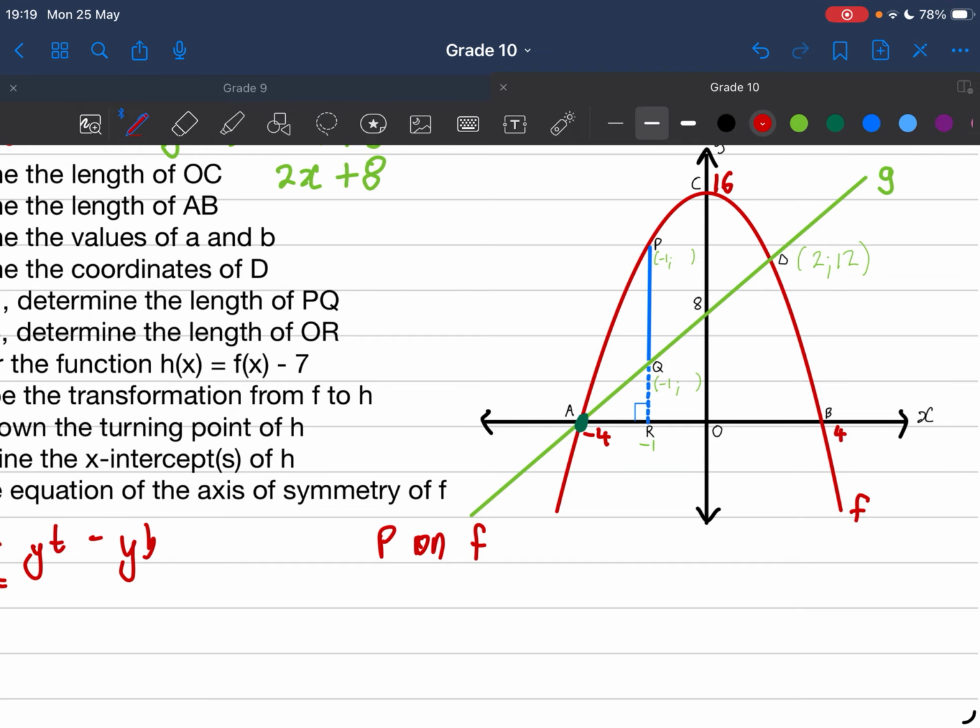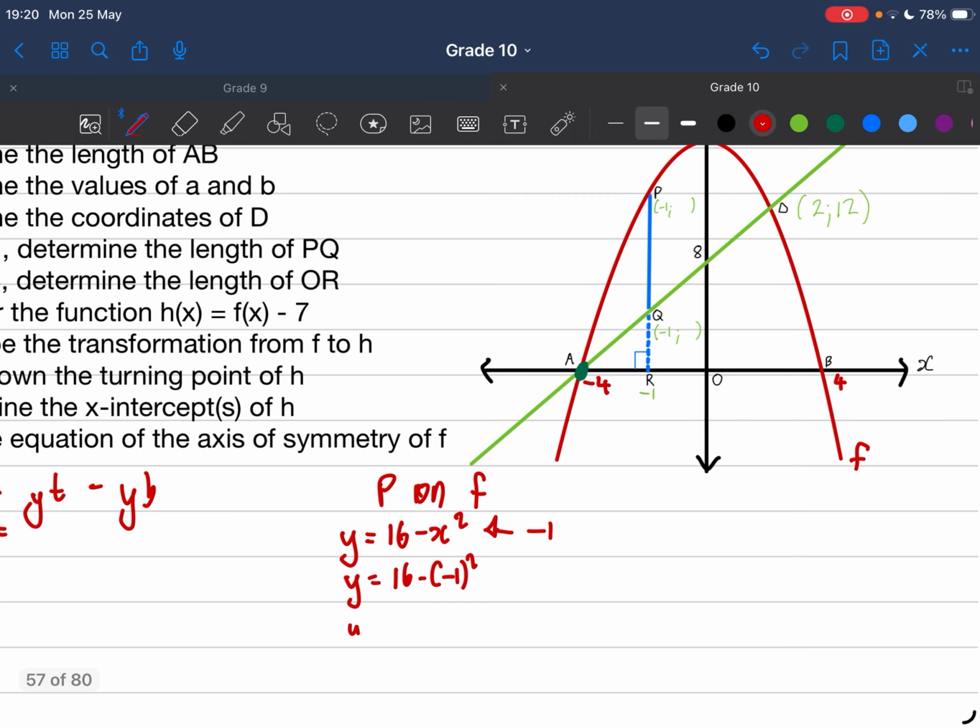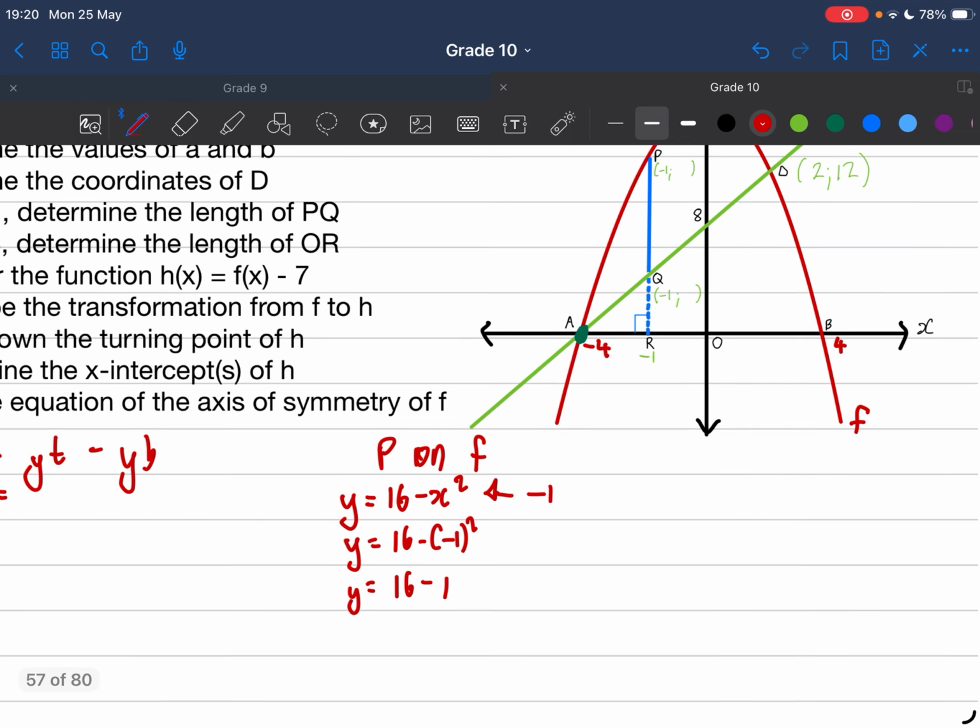So I can take the -1 that's there at P and find the y value. So this is 16 minus x squared. If I substitute -1 into this equation, I'm going to have y equals 16 minus (-1) squared. So y is equal to 16 minus 1, which is y is equal to 15.